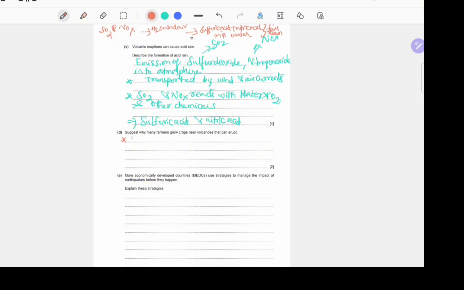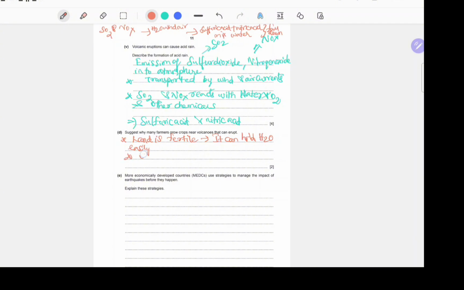Okay, one thing is the land is fertile, because of the minerals which have been deposited from the volcanoes. So the land is fertile and can hold water easily.